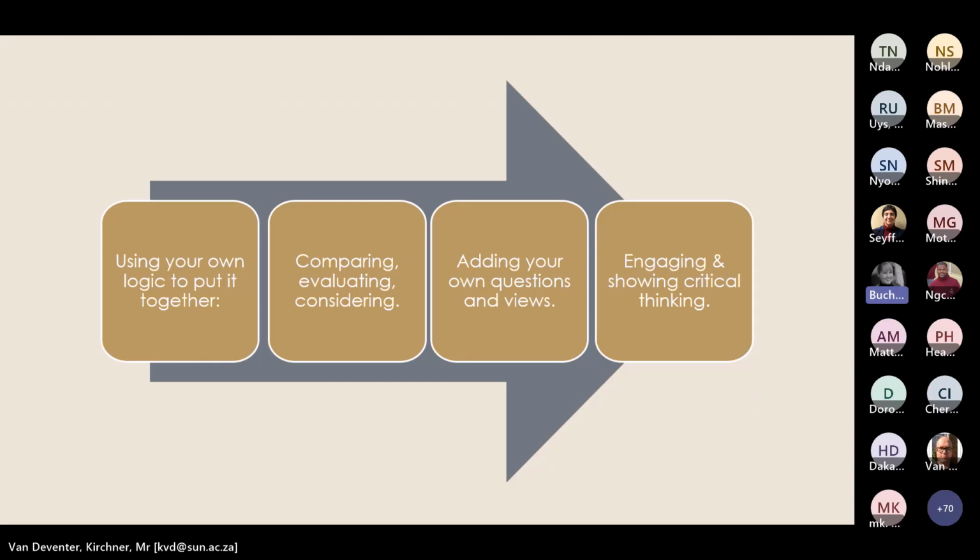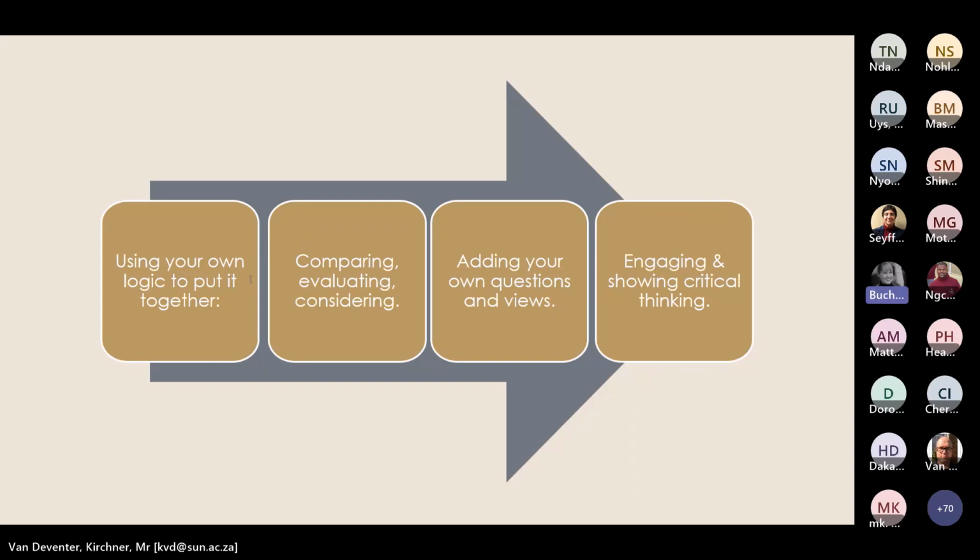So when tackling your academic writing and formulating your arguments, getting it down on paper, you're taking all the sources that you have drawn in your literature search and in your conversations with peers and colleagues, etc. And you use your own logic to put your arguments and content together. And you're constantly comparing, evaluating, and considering what you're reading and what you're writing.